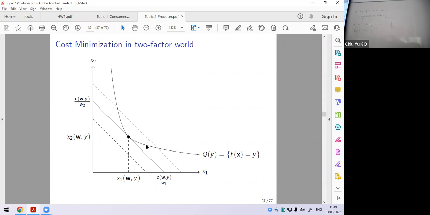Is that clear? It's the same as the utility problem where you move the budget line. Just be a little careful with this ratio. You may have learned it in intermediate, but probably forgot.